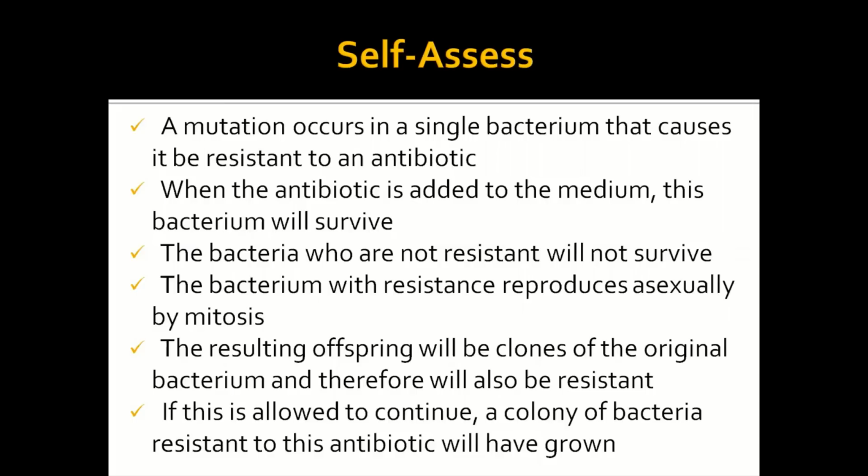The bacterium with resistance reproduces asexually by mitosis. The resulting offspring will be clones of the original bacterium and therefore will also be resistant. If this is allowed to continue, a colony of bacteria resistant to this antibiotic will have grown. I hope that's clear.